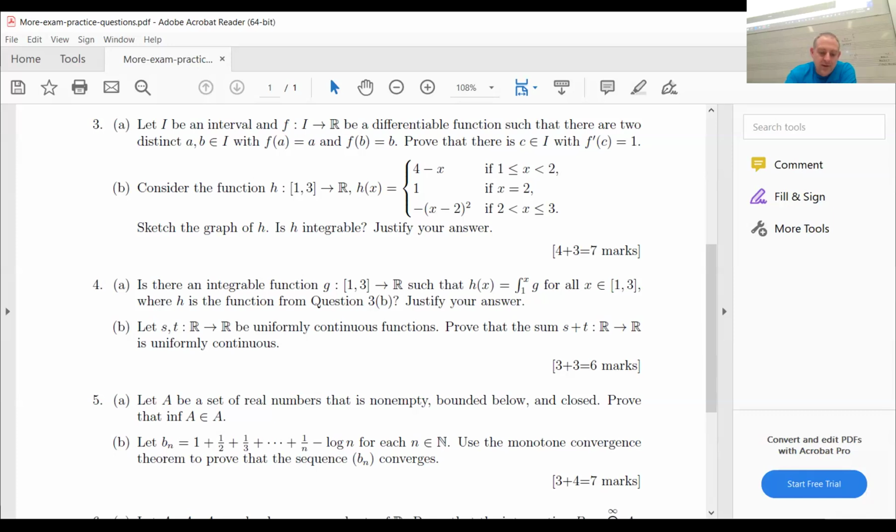And there are distinct A and B in the interval, with f of A being A and f of B being B. Okay. Prove that there is a C in the interval with f dash of C in fact equal to 1. Doesn't sound good. Okay, that's what it says.